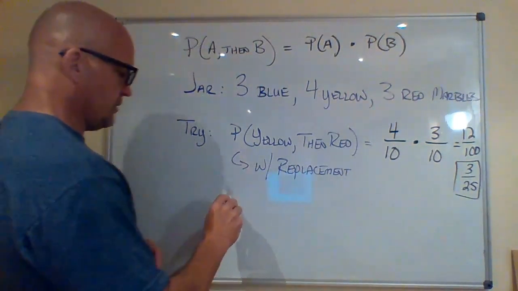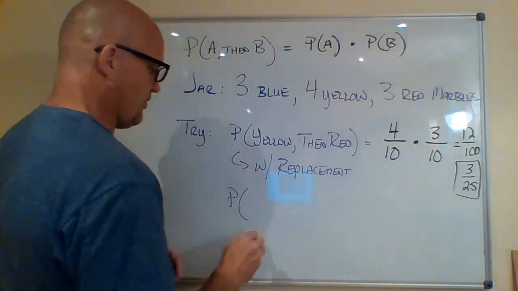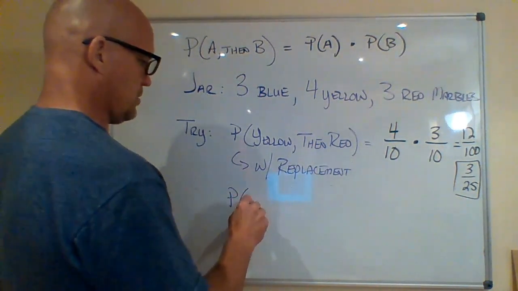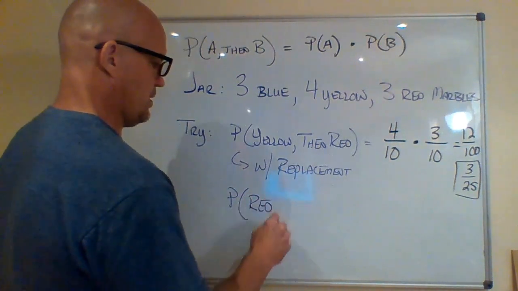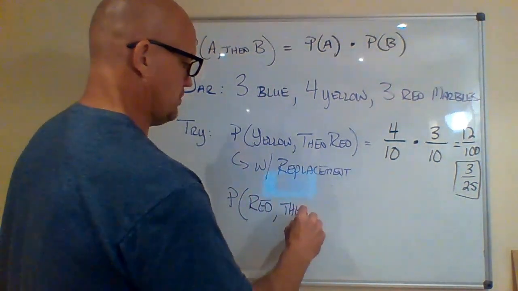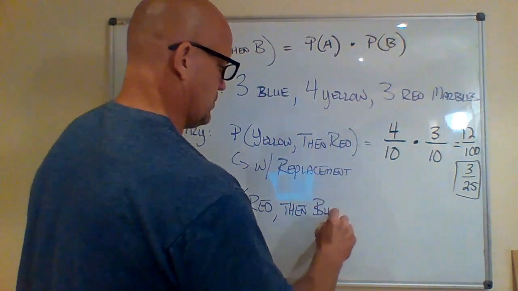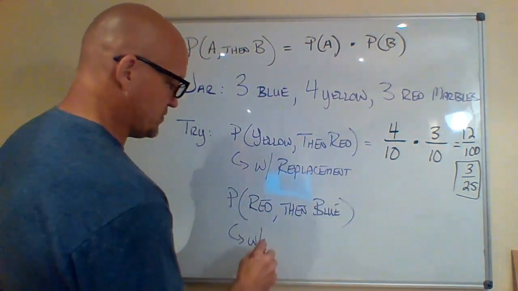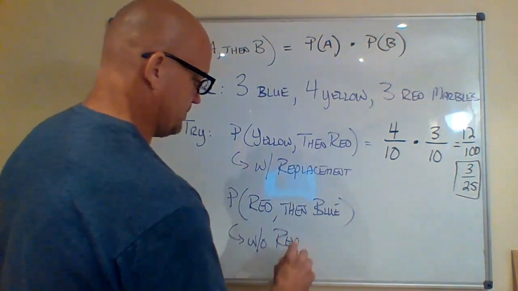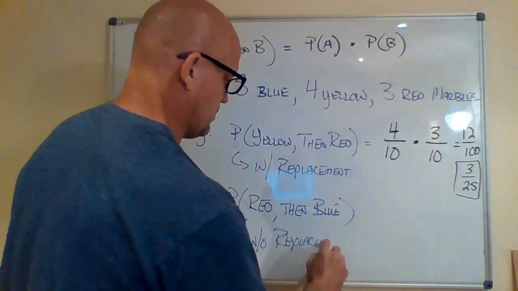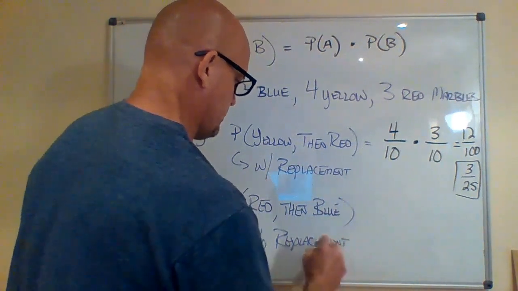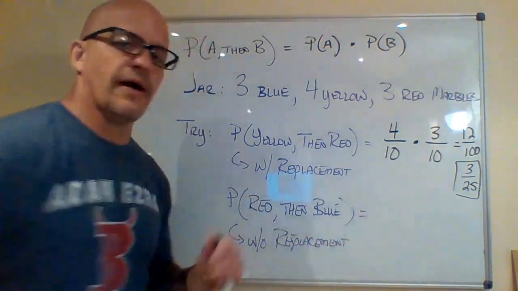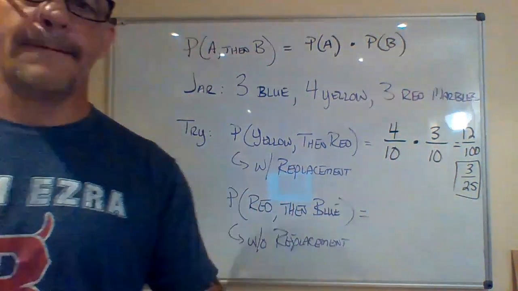So for our next one, probability of red, then blue. And this time it's going to be without replacement. Go ahead and give that one a whirl. Come on back.